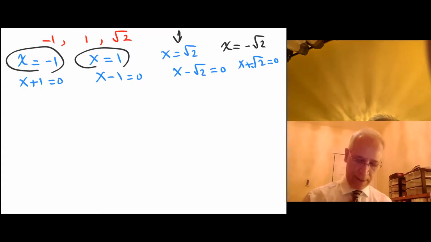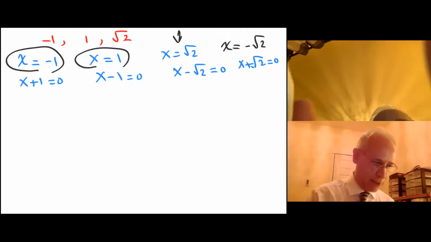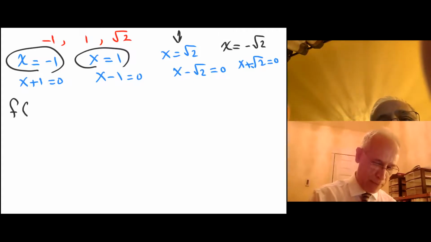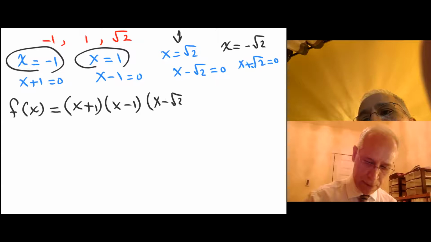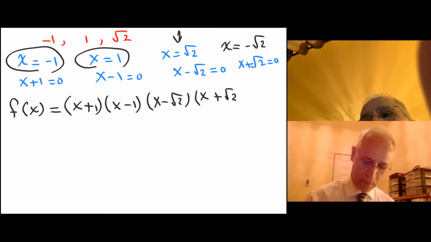So now I can claim that f of x equals x plus 1, x minus 1, x minus root 2, and x plus root 2.